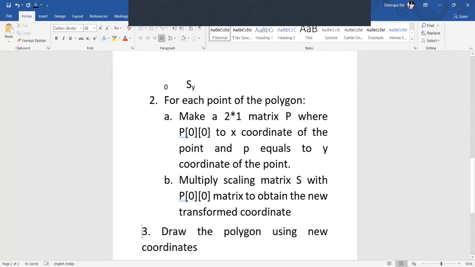We have now obtained the transformation matrix, the matrix which is used for scaling. Then we draw the polygon with the new coordinates. So the polygon is already scaled with a new x and y position. Okay, so this is the concept of scaling.